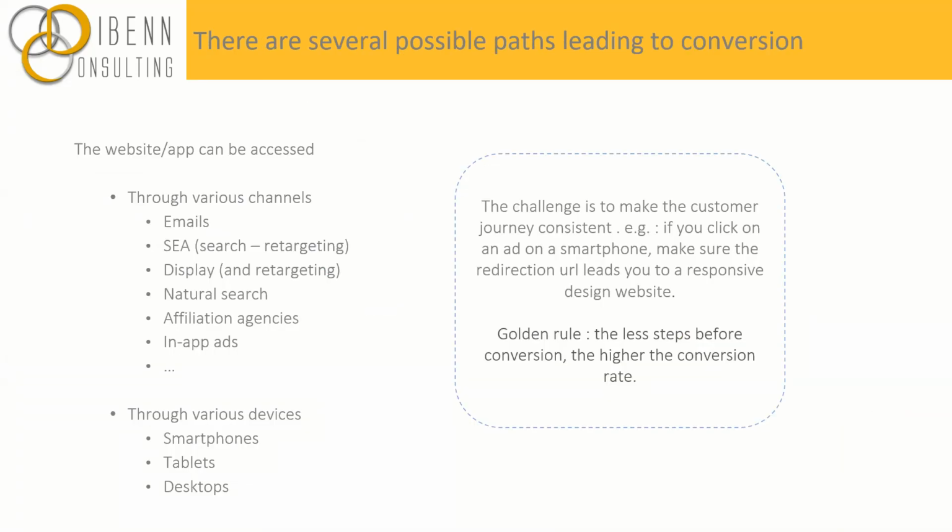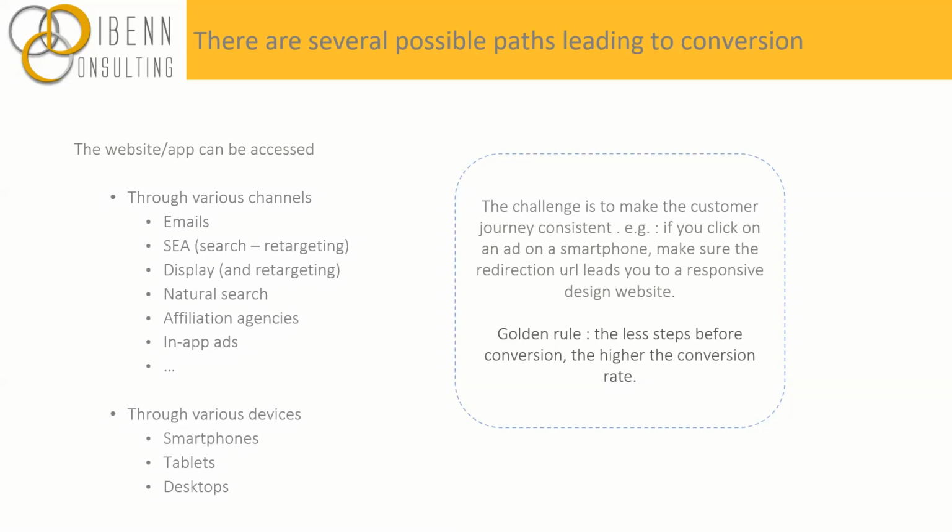So before we unveil this big data aspect of digital marketing, I just want to stress why this data processing and database synchronization is required. That's because the website or app of the advertiser can be accessed through various channels.